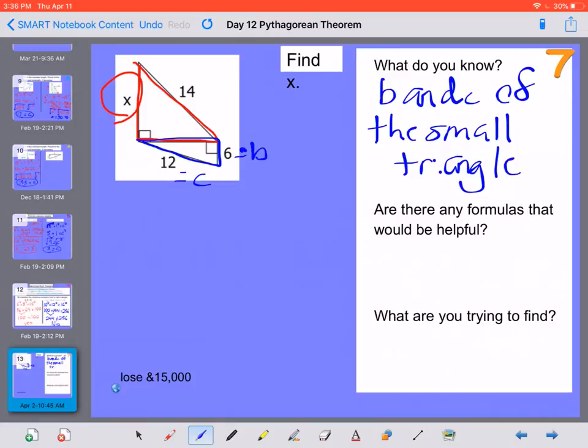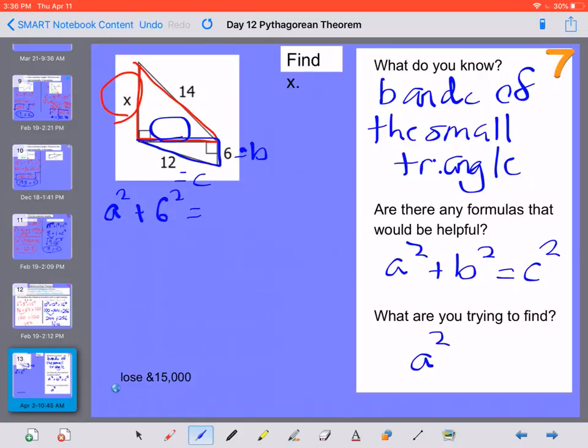Once we put that into our Pythagorean theorem formula, a squared plus b squared equals c squared, we'll be trying to find a squared, which is going to help us find this side length. So we have a squared plus 6 squared equals 12 squared.